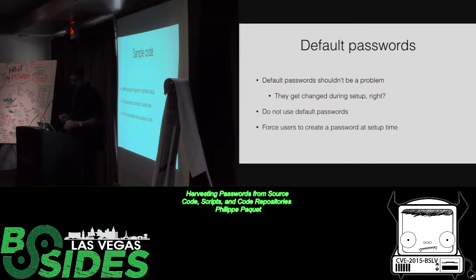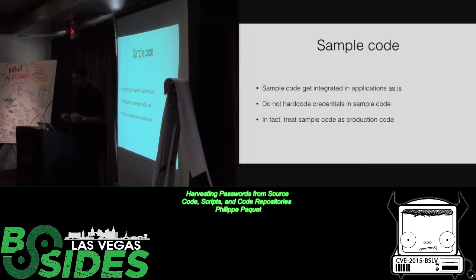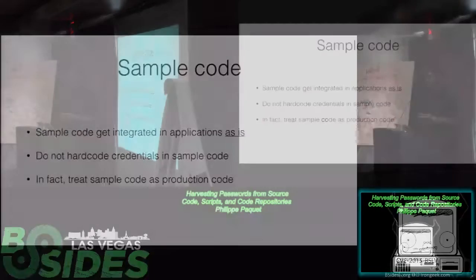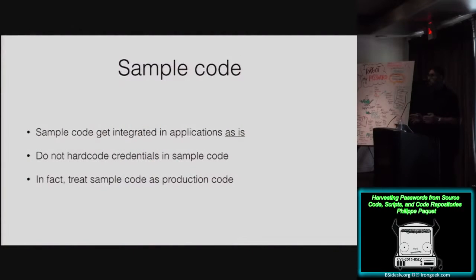The third problem is sample code. If you're working for a large provider that has sample code there, that's about you. On one side, this is your fault. Sample code gets integrated as is. Developers are going to copy and paste code in their application.